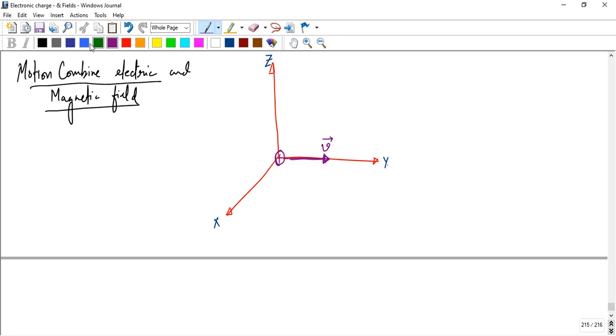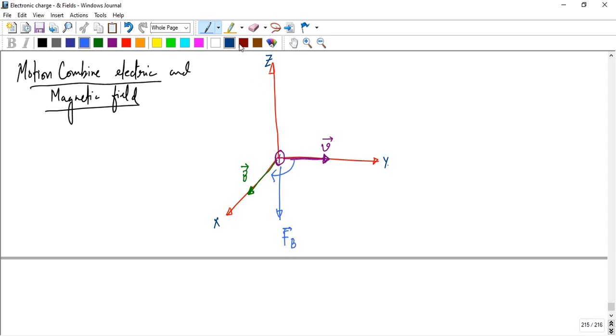And say the magnetic field B is represented along the x-axis. So the magnetic force, V cross B, is in the downward direction.